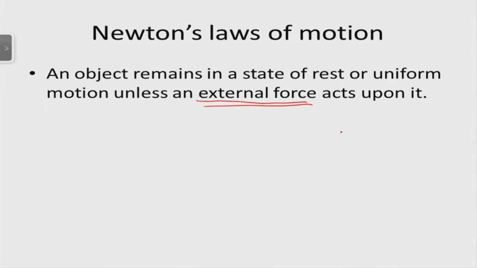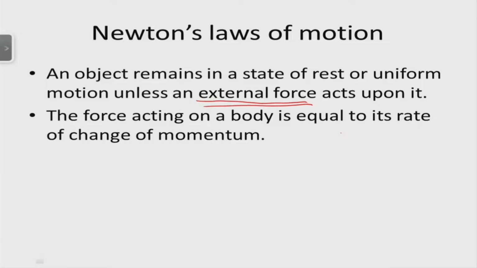So, let us now move on to Newton's second law, which states that the force acting on a body is equal to its rate of change of momentum. Now, if the momentum of a body, p, is equal to mass times velocity, and the momentum is changing, then the force acting upon the body is equal to dp/dt.